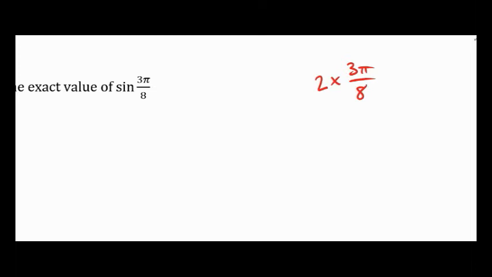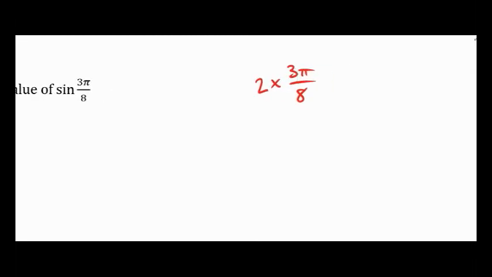6 pi by 8. Yes. And what else? What if you reduce 6 pi by 8? 3 pi by 4. And so I could get that by recognizing that I can divide 2 out of both of those, right? The 2 divides the 8 to 1, and I get 4. And I can find the exact value of this.